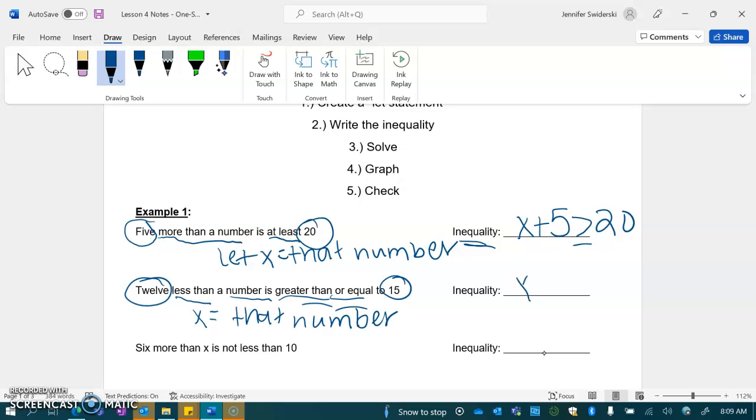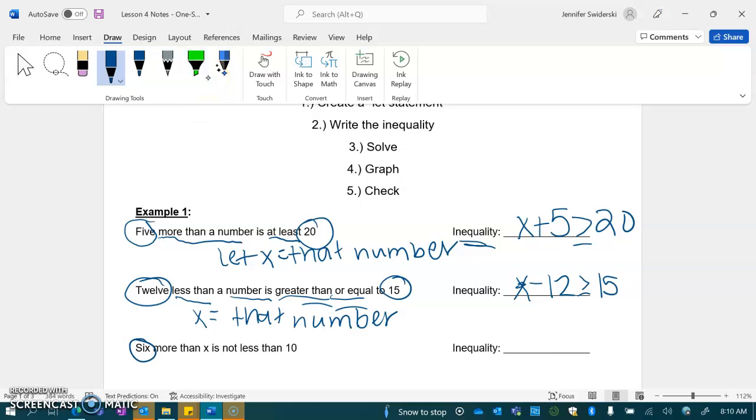So I know that number, less than is minus 12, all right, is greater than or equal to 15. So we're going to talk about why it's not 12 minus x in class, right? We talked with Mrs. Hollis when we went to her room about how sometimes when we talk subtraction, it's flipped in our head. We're always going to start with that x first, all right?